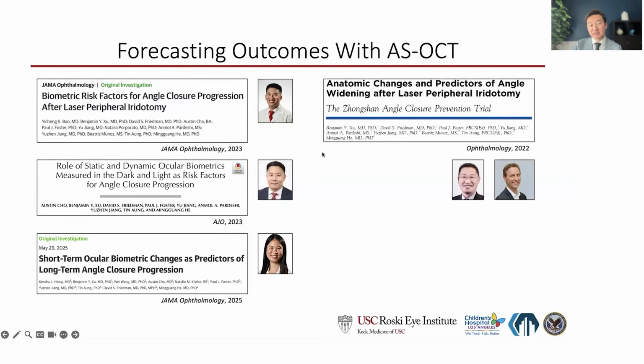And we've also used the ZAP trial data to demonstrate that AS-OCT measurements can predict the amount of angle widening after LPI treatment, which could be useful for determining which patients should receive LPI versus monitoring or lens extraction.